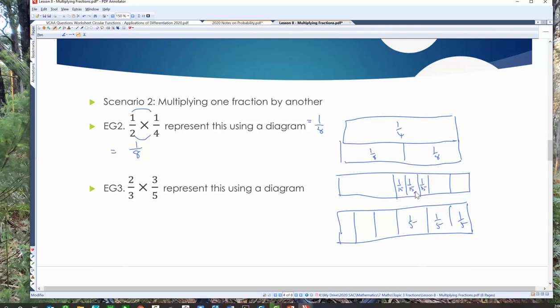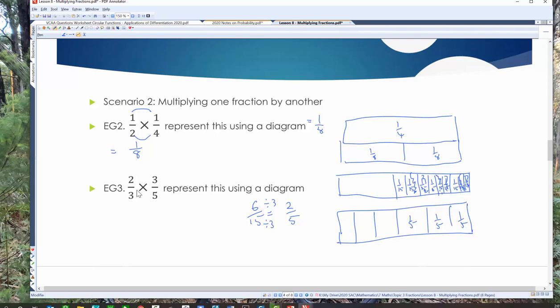I do the same with each fifth. In total, did you notice that I wanted a 15th, a 15th, a 15th, a 15th, a 15th, and a 15th? How many 15ths was that? That was 6 15ths, or, if I divide by 3 and divide by 3, 2 on 5.